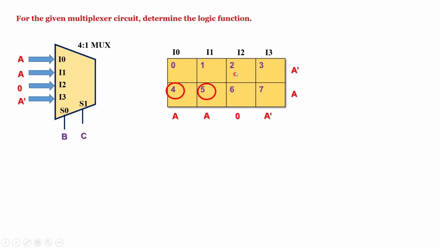Therefore, none of these entries in both of the rows should be marked. And finally, I3, since it is receiving A bar, the min term representing A bar in this row is 3. Therefore, finally, we can see that this multiplexer is implementing the logic function of ABC equal to the sum of min terms 3, 4, and 5.